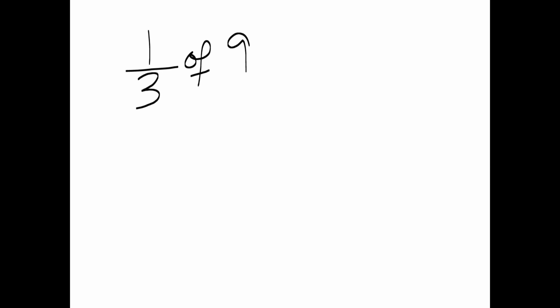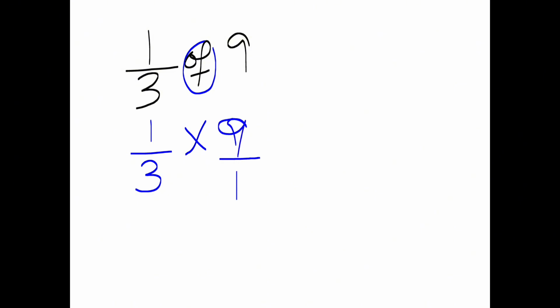Plus and plus, so our final answer is plus. Plus divided by plus is plus, right? And this word "of" means what? Multiplication. Very good. 1/3 of 9. I can easily say 9/1. Do you agree? Very good.